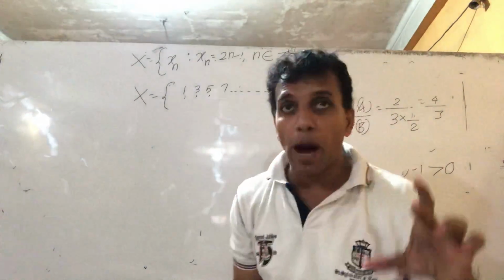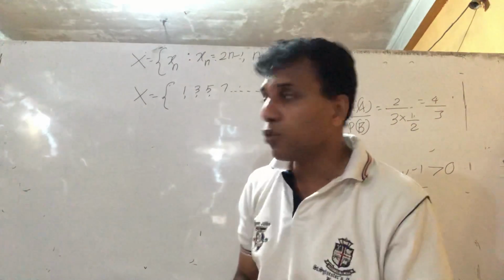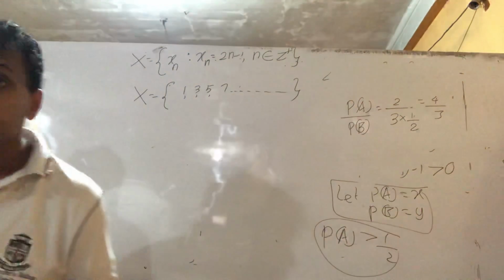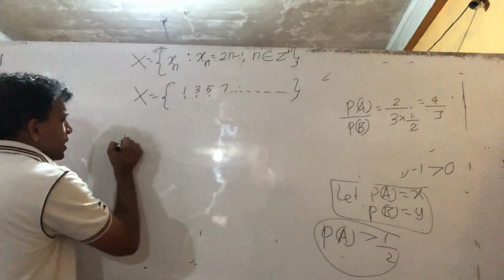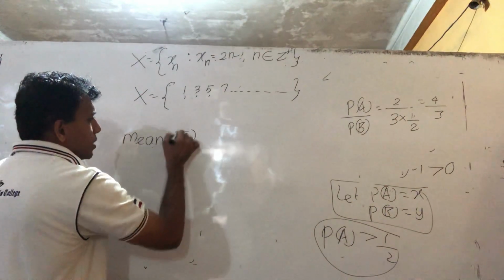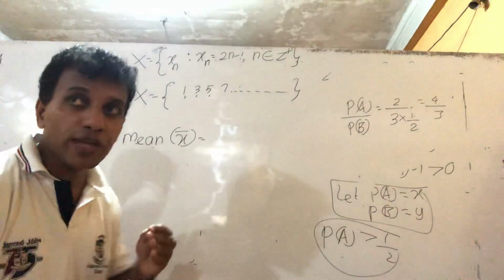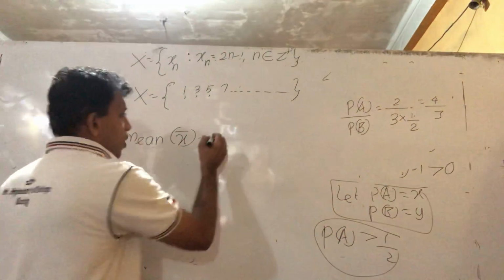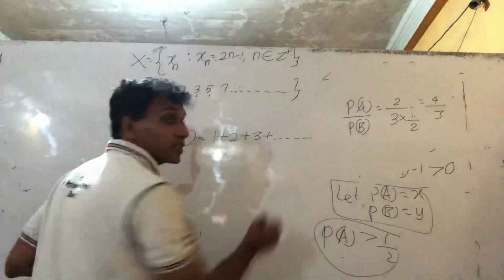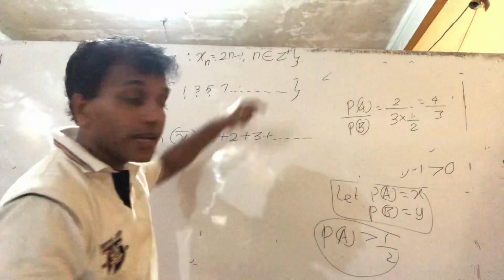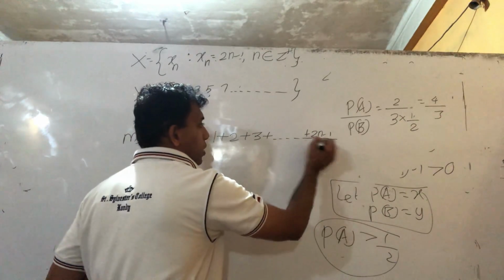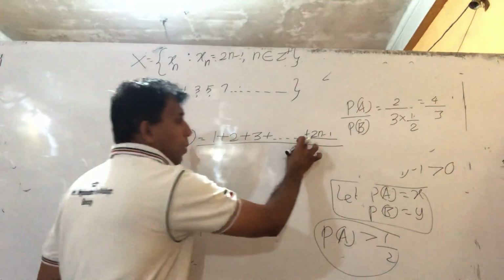First we compute x bar, the mean value. How to find the mean value? Add all these numbers and divide by how many numbers are available. So the mean, otherwise x bar, is adding all the numbers: 1 plus 3 plus 5 plus, at last, putting n for n, 2n minus 1, divided by how many numbers there are.